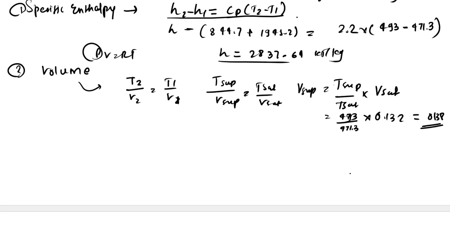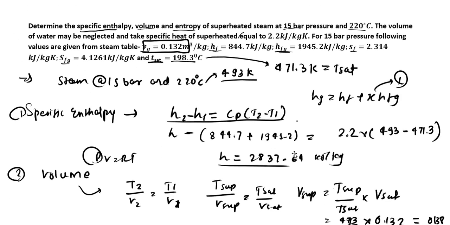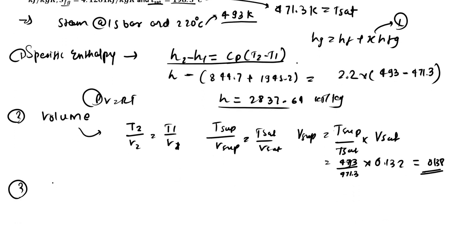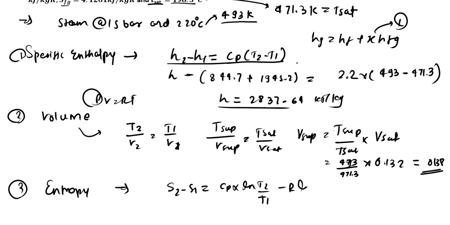Now to solve further for the third thing which we want to calculate here, which is nothing but the entropy of the system. For entropy, you need to apply the laws of thermodynamics to derive a certain equation. I will just write the equation here: S2 minus S1 is Cp into ln of T2 by T1 minus R of ln of P2 by P1.